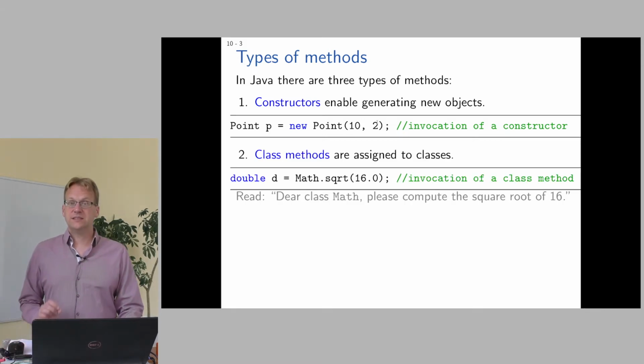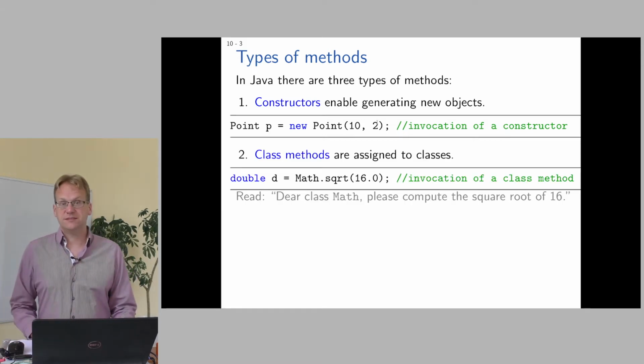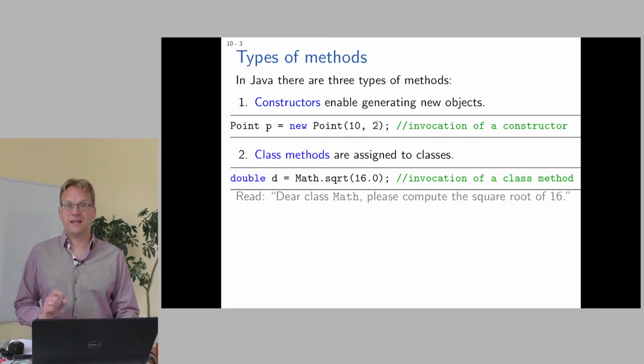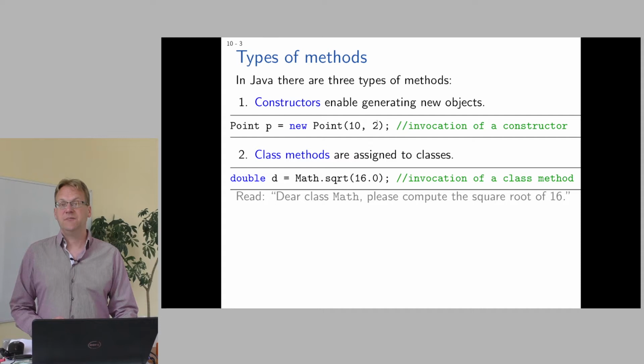Well, the second type of methods we have used already. Those are class methods, meaning they belong to classes. For example, the method sqrt to compute the square root of a double number. This is called a class method because this method belongs to the class Math.